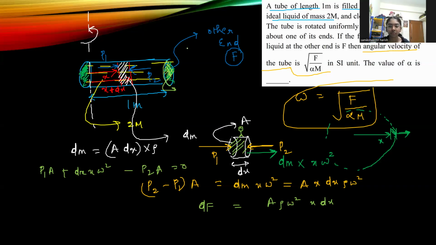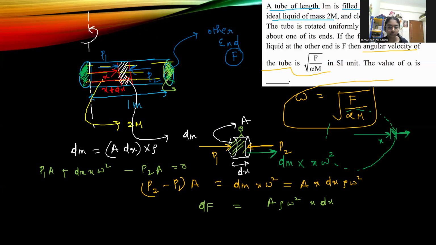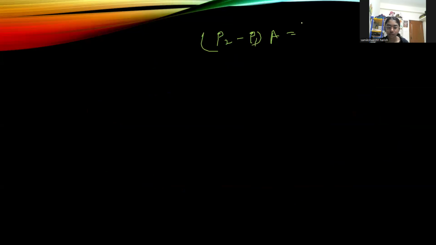Even from the pressure difference, P2 minus P1 into A is dF, equal to A rho omega square x dx. This dP is a small change in pressure.